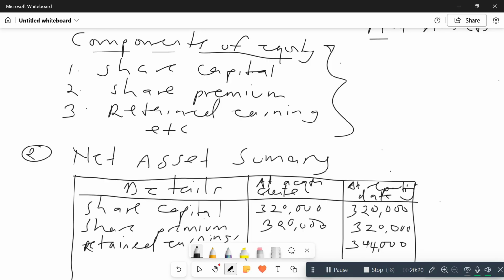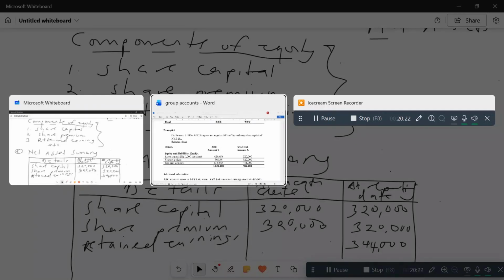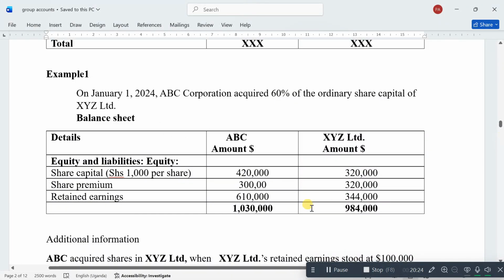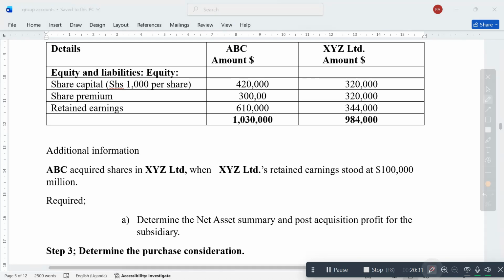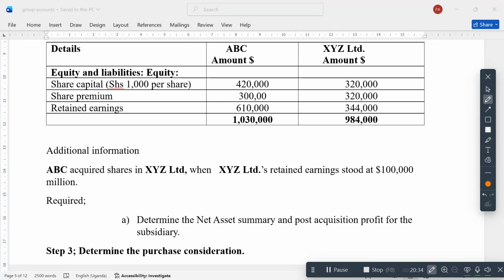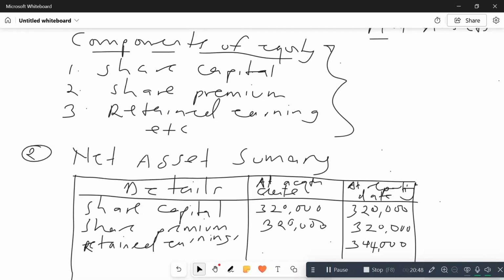What about at acquisition? Here they are saying, you look at this: ABC acquired shares in XYZ when XYZ retained earnings stood at 100,000, which means at the date of acquisition, the retained earning was 100,000. So you can take your 100,000 here.